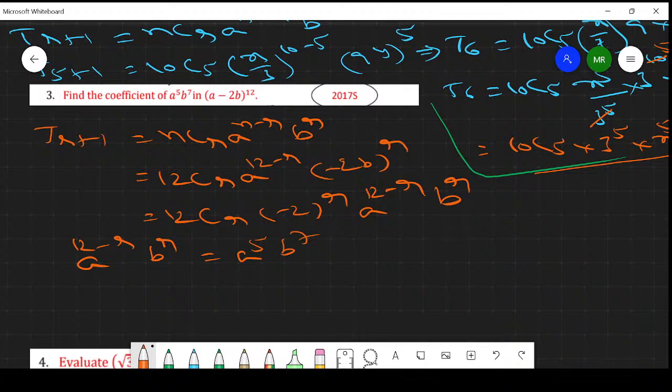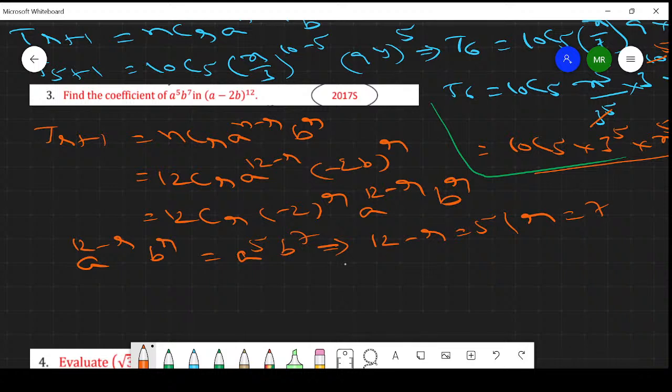Because they are asking for the coefficient of a power 5 b power 7, so I should compare these terms. Now comparing both sides, 12 minus r is equal to 5 and r is equal to 7. If we compare the b power, r equals 7. Here also the same: 12 minus r equals 5, r equals 7 only. Satisfying.